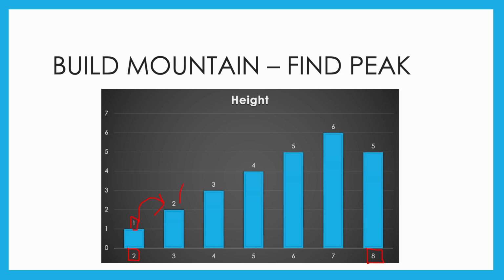From building 3 to building 4, we again increment 1, so building 4 has a height of 3. From building 4 to building 5, we again increment 1, as we are maximizing here, so building 5 has a height of 4. Now we move to building 6, and my height is 5.